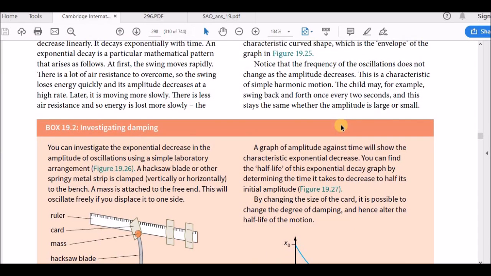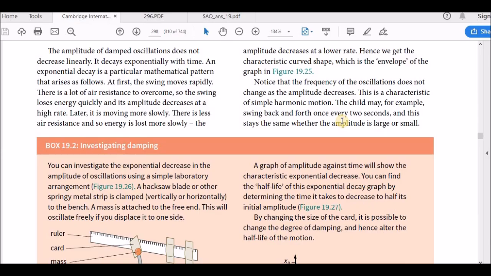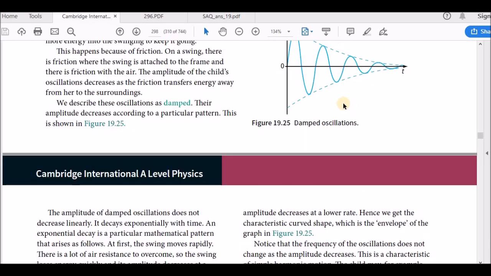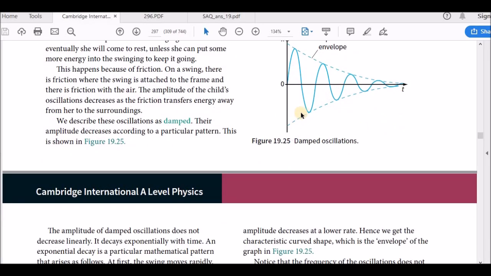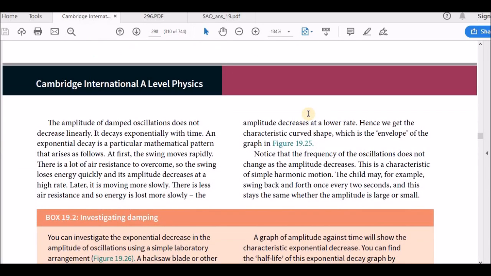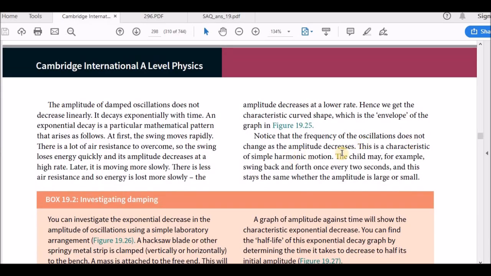Notice that the frequency of the oscillations does not change as the amplitude decreases. See, the period is the same. The time for one complete oscillation is the same, or we can say the number of oscillations per second is the same. Frequency is the same. If frequency is the same, period is the same. This is a characteristic of simple harmonic motion.